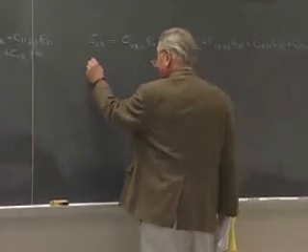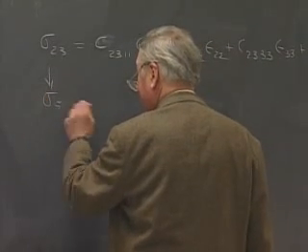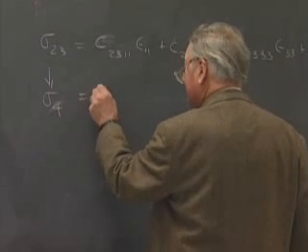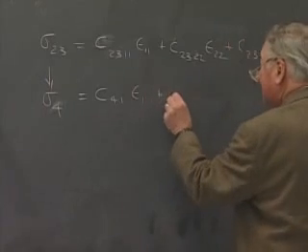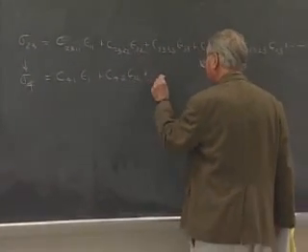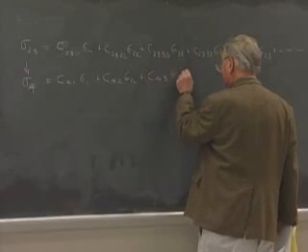So if we convert this, we go to sigma, and we would call this sigma 4. This would be C41 in matrix notation times epsilon 1 plus C42 times epsilon 2 plus C43 times epsilon 3.